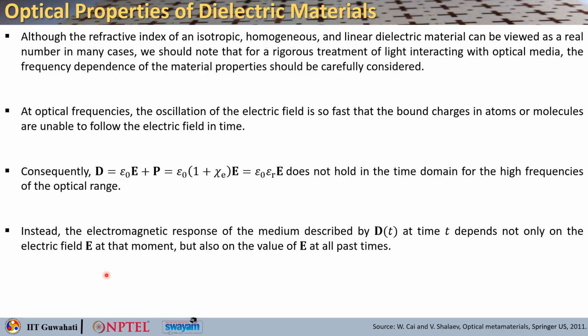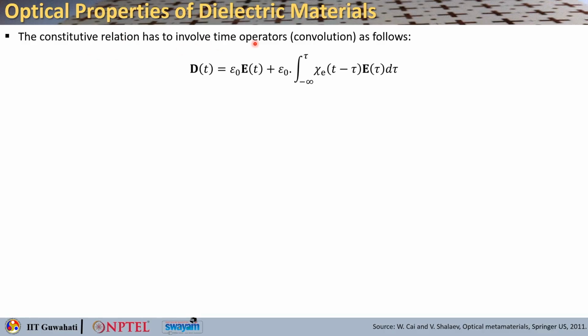Instead, the electromagnetic response of the medium should be better described as a function of time, because it not only depends on the electric field at that moment, but also on the electric field of all past times. So, ideally the constitutive relationships should take into account this time operator or the convolution, and the equation should be written as D(t) equals epsilon naught E(t) plus epsilon naught integral from minus infinity to t of chi e(t minus tau) E(tau) d tau. Okay.